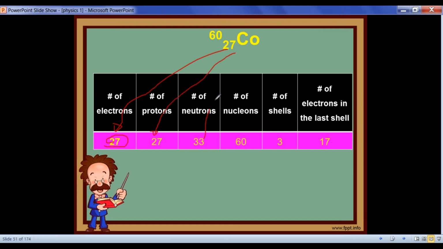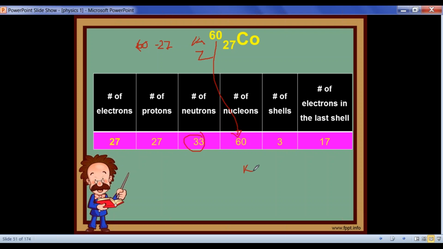Number of neutrons, so we subtract A minus C. So 60 minus 27 is 33. Number of nucleons from here. Number of shells, so we have 3.